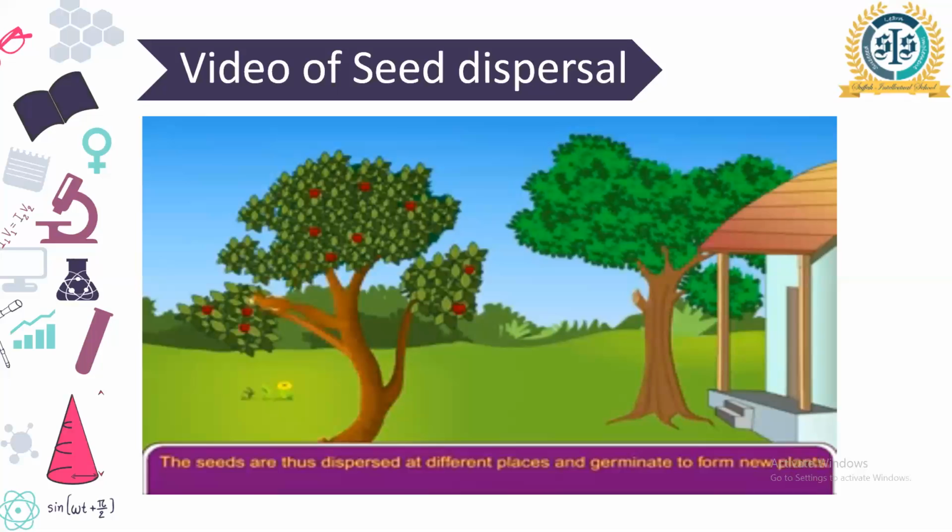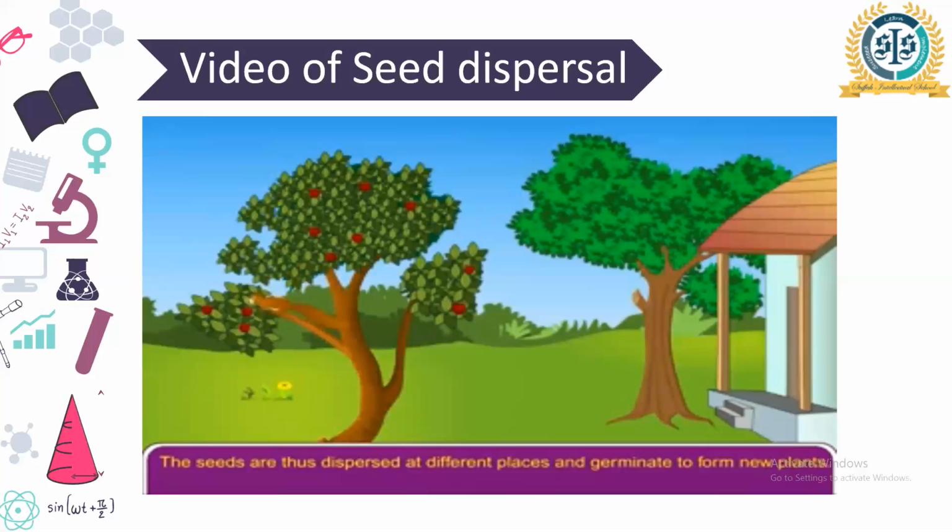That's how the seeds are scattered into the soil and they start to grow. And then I told you that some insects also carry the seeds or fruits with them to different places. And some animals, like squirrels, also bury the seeds in the soil, and then they forget it. And in this way, the seeds start to grow.